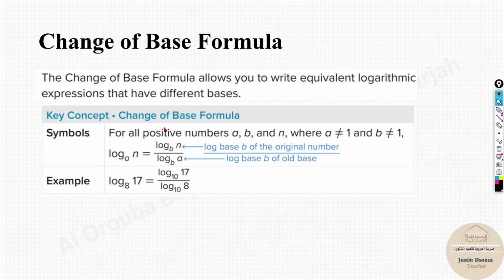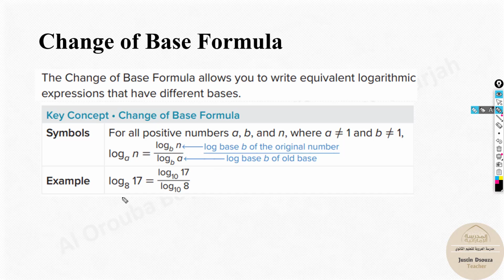Now, change of base. This is another interesting topic and one of the important topics, because if you don't have a scientific calculator with a different base option, then change of base is very, very important. But most of your calculators do have the base option. If it is not there, what to do?